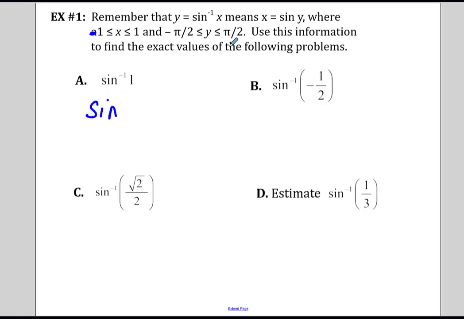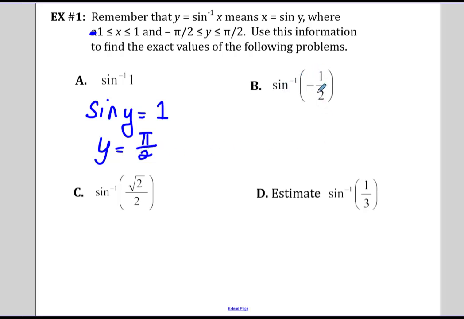So if we rewrote that using this definition up here, the sine of some y value is 1, and that y value is pi over 2. So it's answering the question, where will you find the sine equal to 1? And that would be at the angle pi over 2.